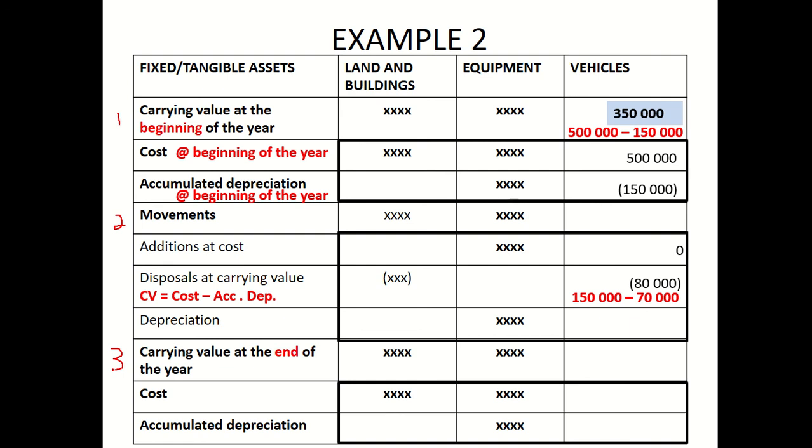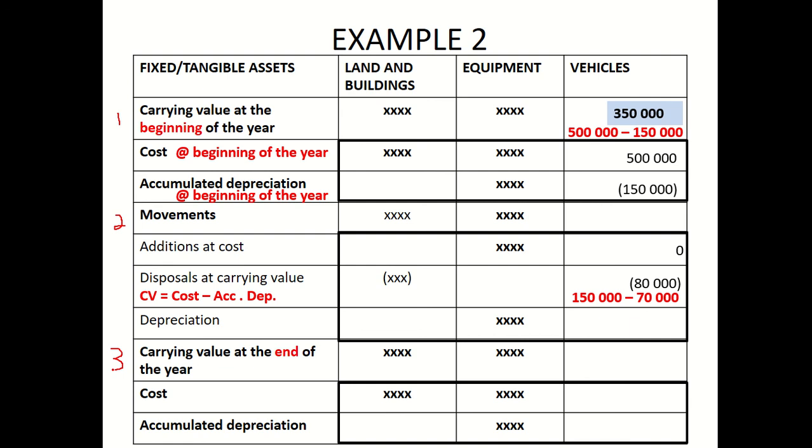But you look at the depreciation of all assets for the current year. What was the depreciation of the asset sold for the current year? Please do not confuse this with accumulated depreciation. I said depreciation. What is the depreciation of the asset sold? Exactly, it is 10,000 rand.